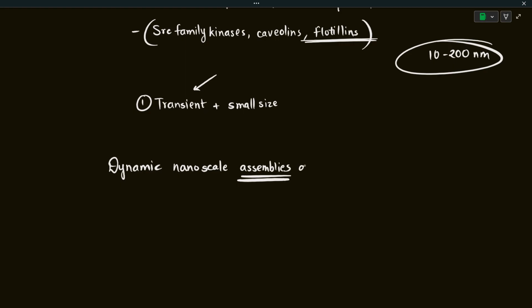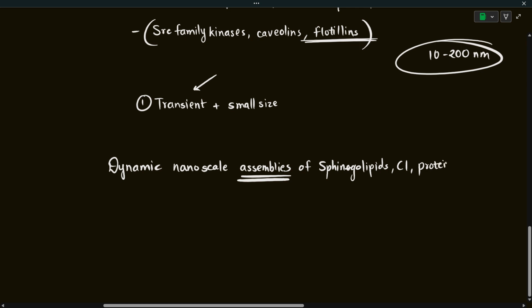So assemblies of sphingolipids, cholesterol, and proteins, right? Scientifically, researchers prefer this term more than lipid rafts, but it is convenient to call them lipid rafts.